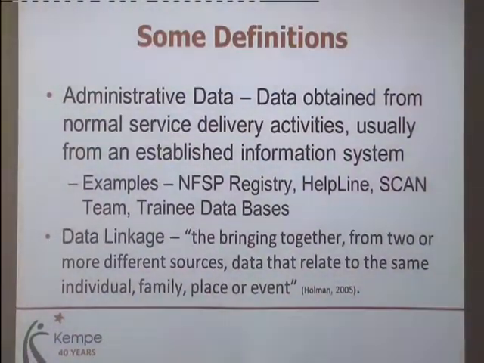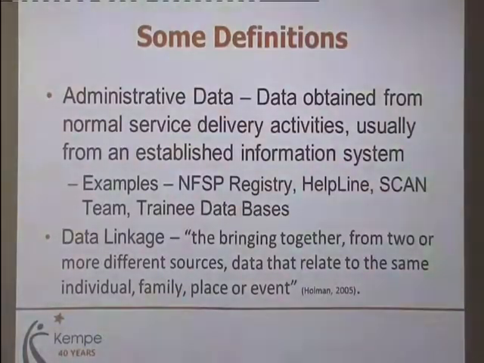Data linkage, the quote here: bringing together from two or more different sources, in this case by sources we mean databases, data that relate to the same individual, family, place, or event. So they share something in common. What's also important is that we're talking about linkages at very fine-grained levels.